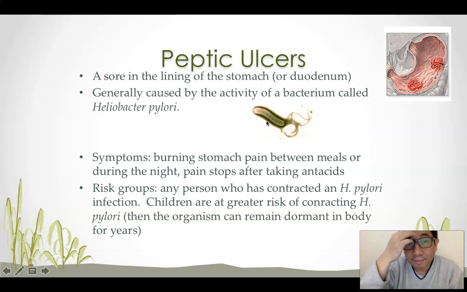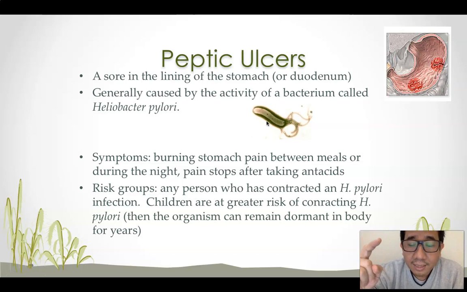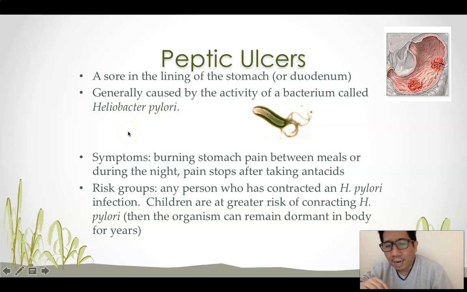So for your test, if we ask what causes peptic ulcer, you want to pick H. pylori, Helicobacter pylori. H for short. We often shorten the genus name, not the species name. So the genus name has become H.